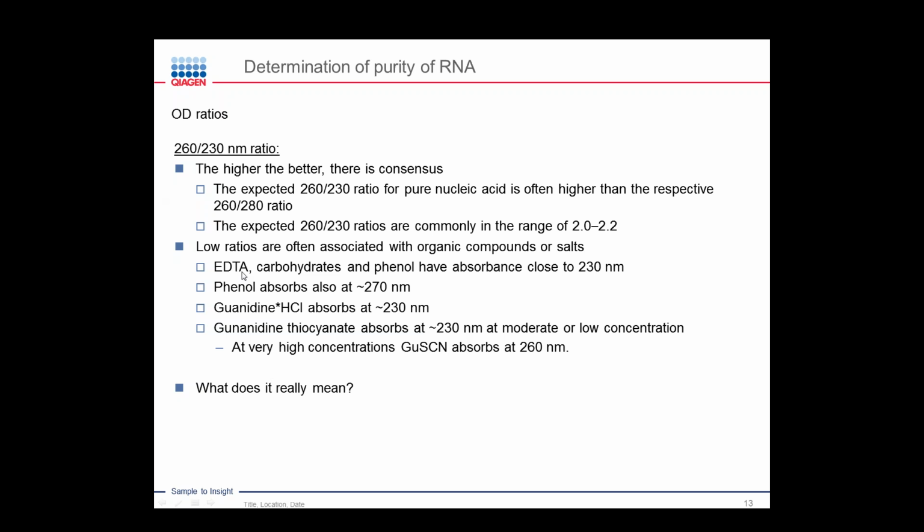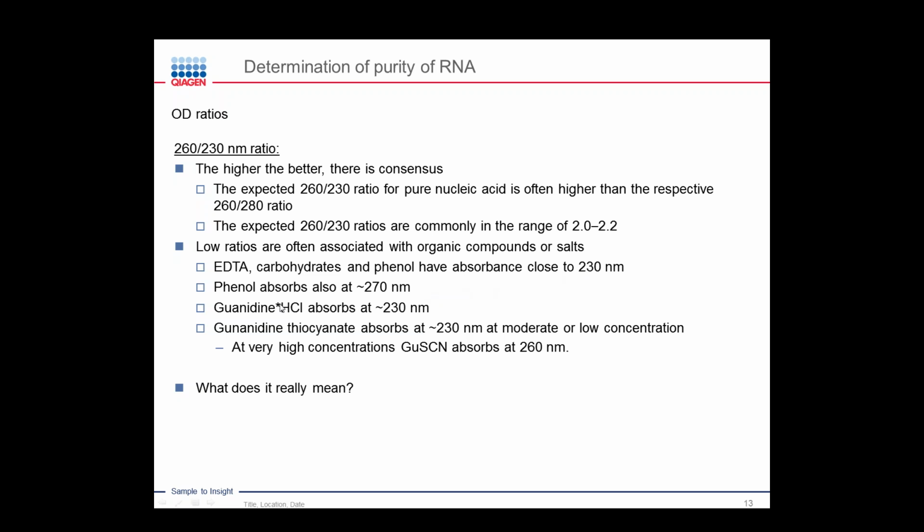Such contaminants are EDTA, carbohydrates, and phenol, which have absorbance close to 230 nanometers. Contamination by phenol, which is commonly used in nucleic acid purification, can significantly throw off quantification estimates.